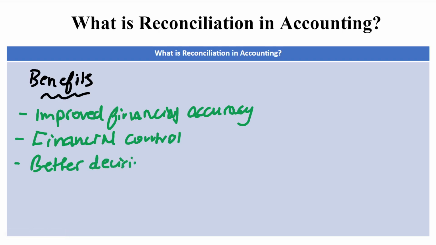Then we have better decision making. So accurate financial information is essential for making informed business decisions. Reconciliation helps ensure that the information you're relying on is reliable. And lastly, we have compliance with regulation.